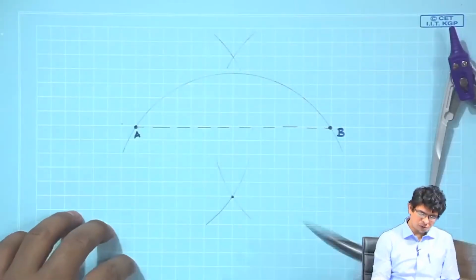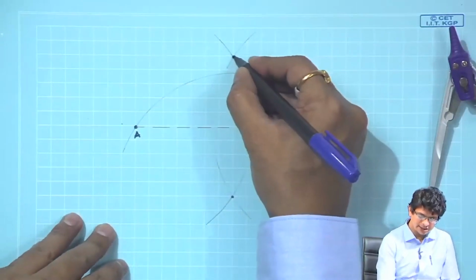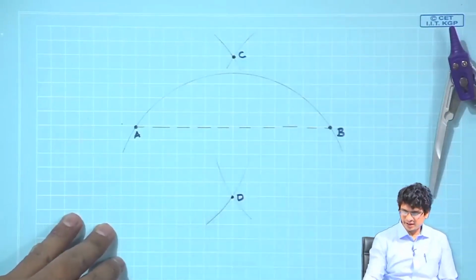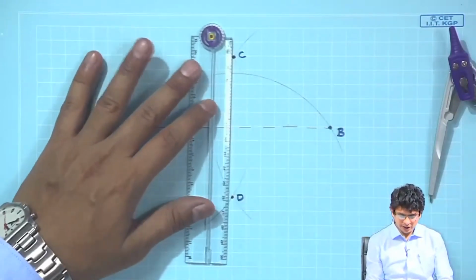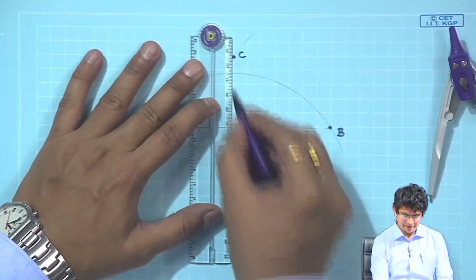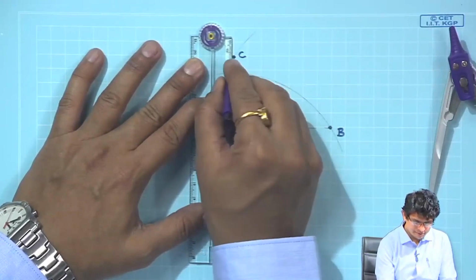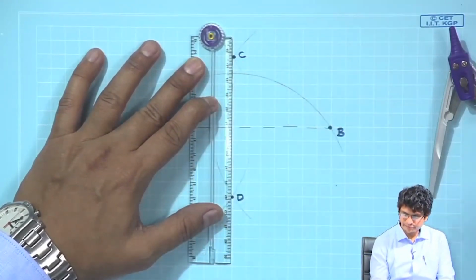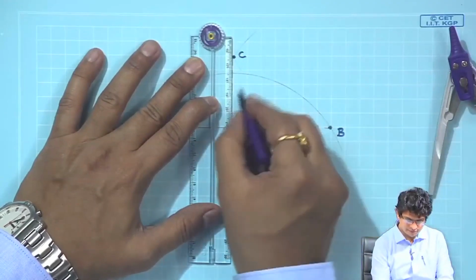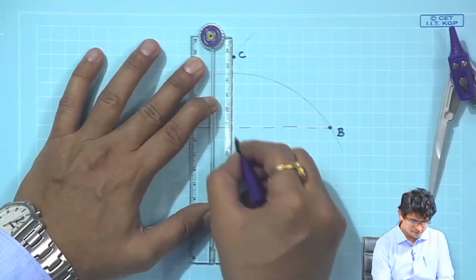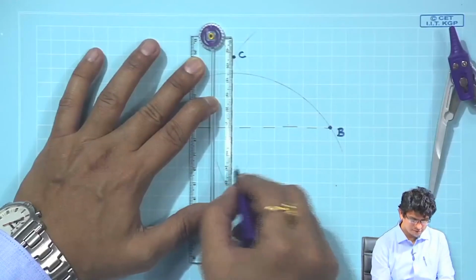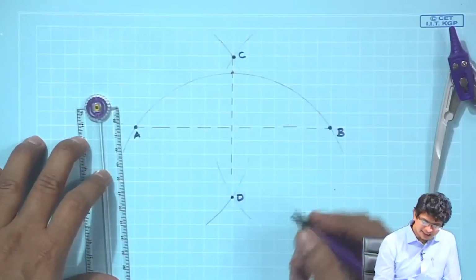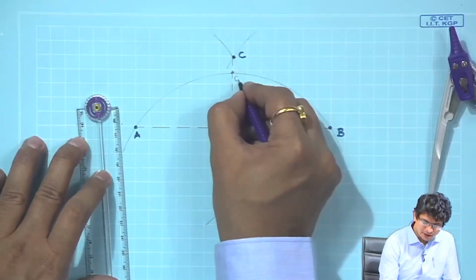So, let us call these points C and D. Join these points C and D. So, the point where this bisects, let us call O.